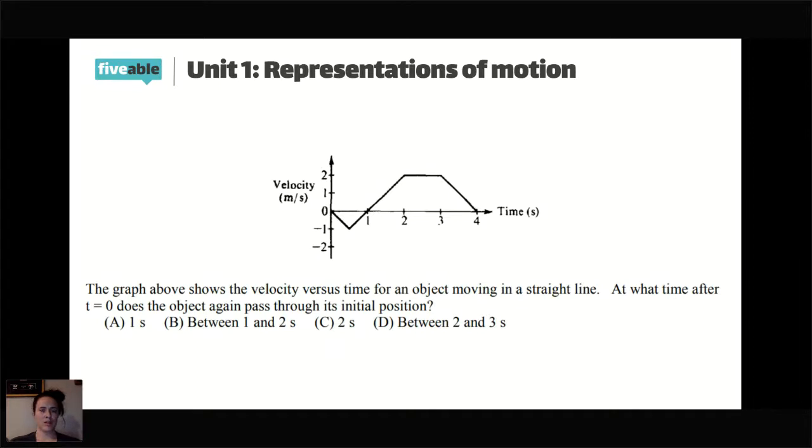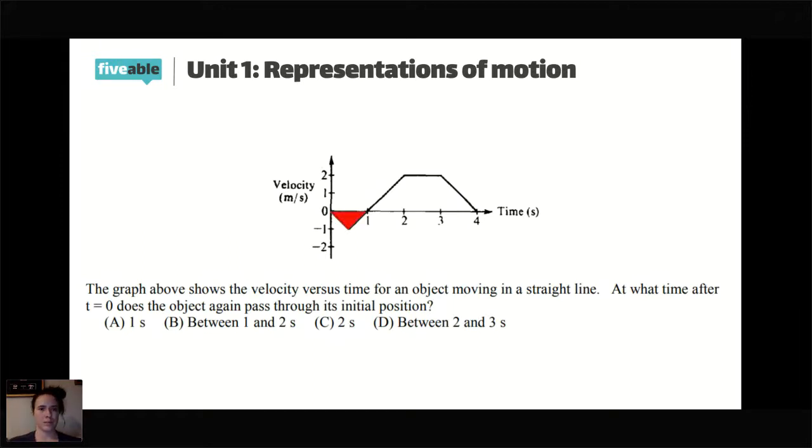All righty. If we come back to the initial position, that tells us our displacement is going to be 0. Now when we're looking at a velocity-time graph, how do we get displacement out of that? Right, it's the area under the curve.